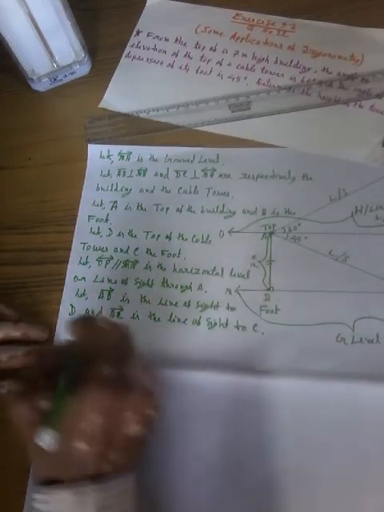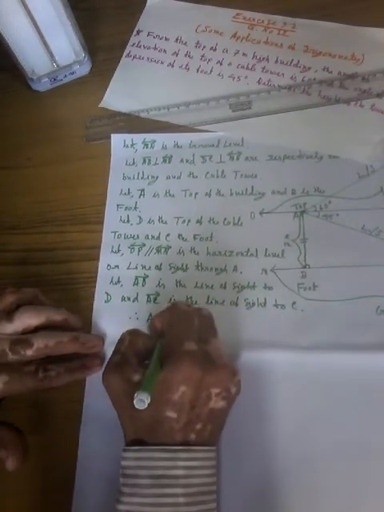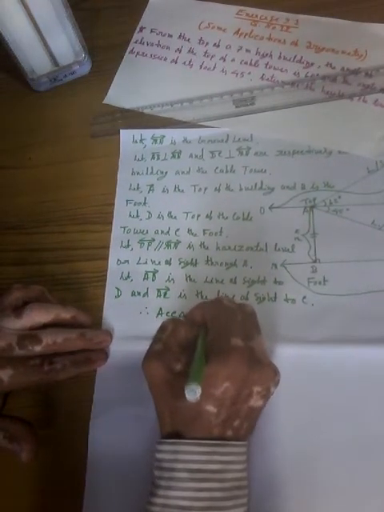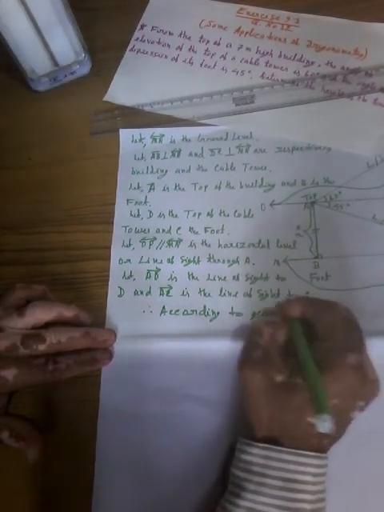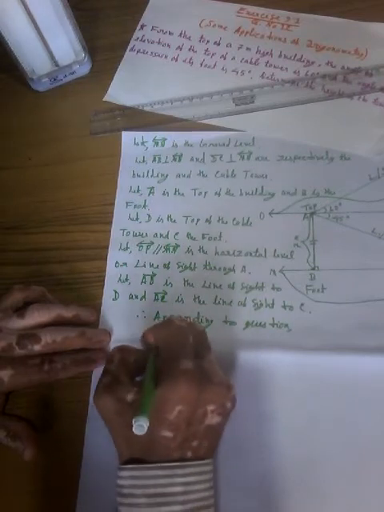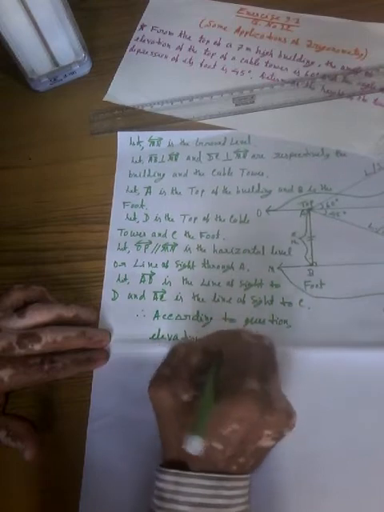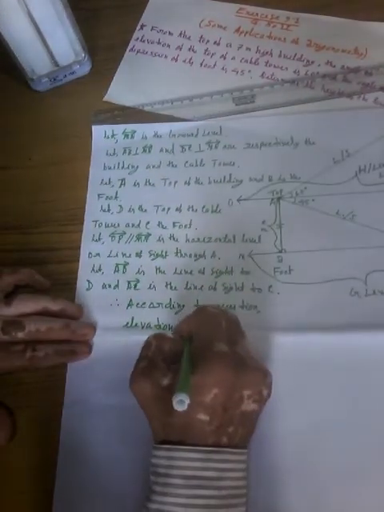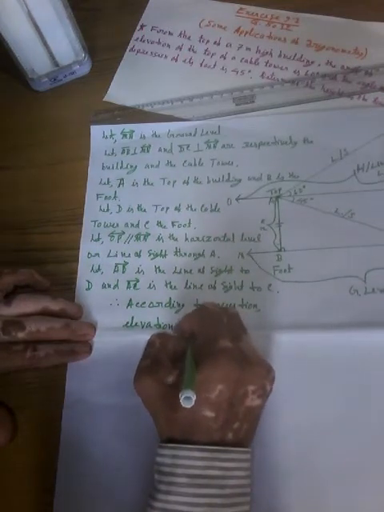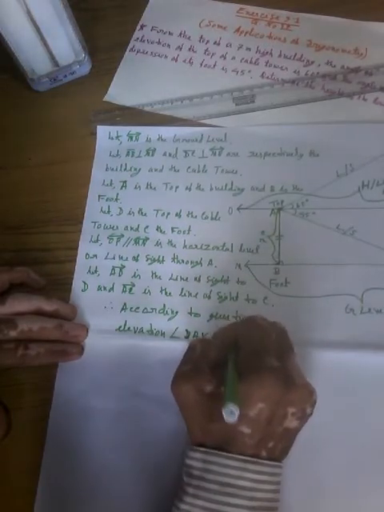Now write in this way: therefore, according to the question, elevation angle DAK is equal to 60 degrees.